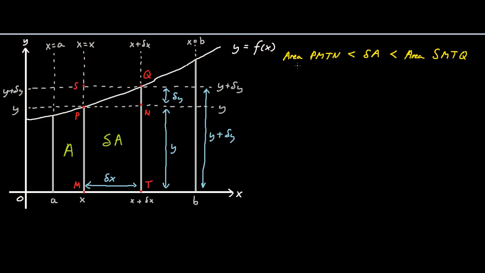Now, what is the area of PMTN? It is actually the height y multiplied by the width change in x. And the area SMTQ is the height y plus change in y multiplied by the width change in x.